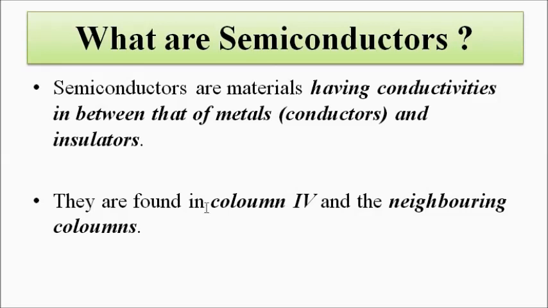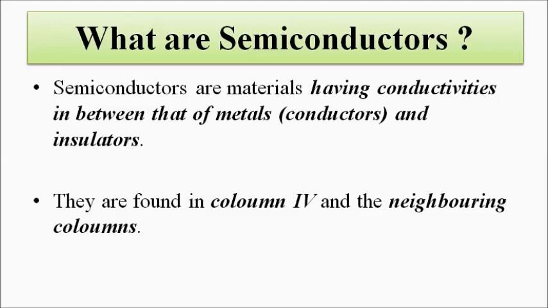So the commonly used, popular semiconductors are silicon, germanium, and other compound semiconductors such as gallium arsenide, gallium phosphide, and others. We will come to that. So the special property is that they have conductivity lying in between the metals and the insulators.